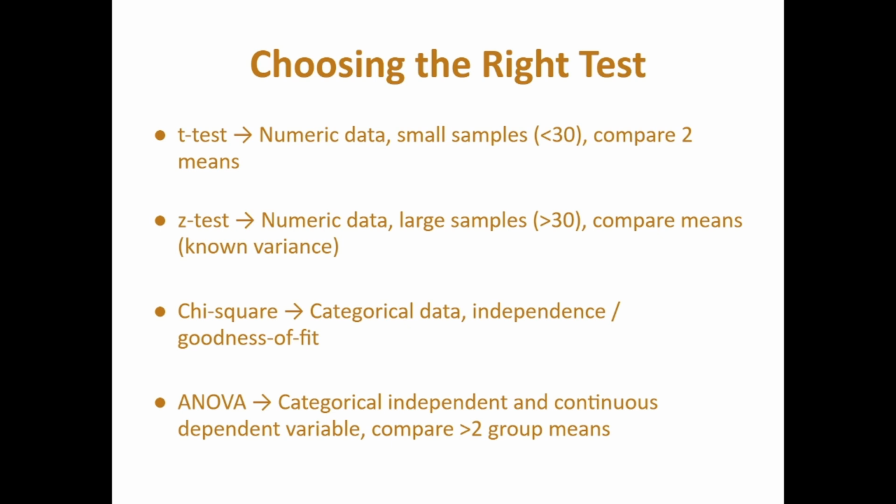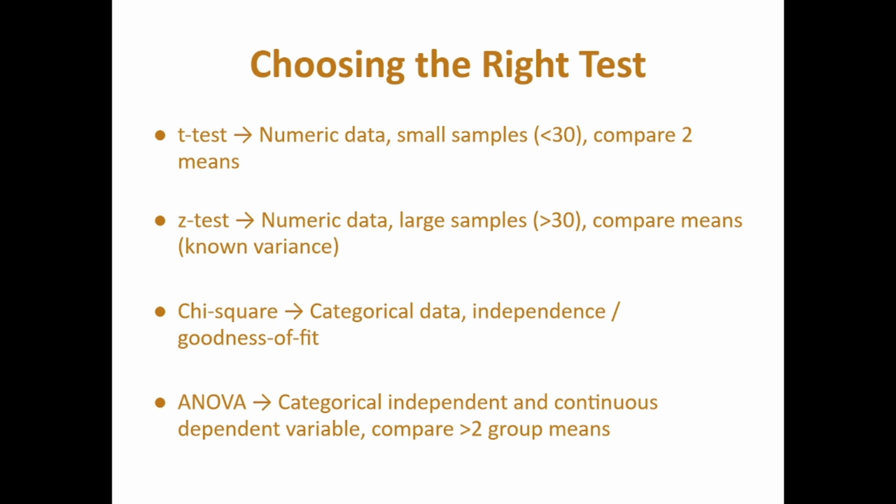As I said, t-test is basically for numeric data, and when you have small samples like less than 30 and you want to compare 2 means, in such scenarios you can use t-test. Z-test is also for numeric data, but you perform it when you have large samples and you want to compare the means, and here the variance and standard deviation parameters will be known, but in t-test you won't get such parameters.